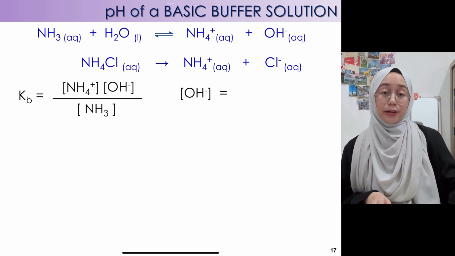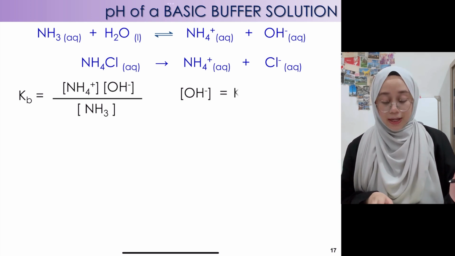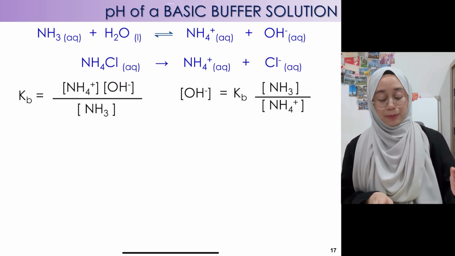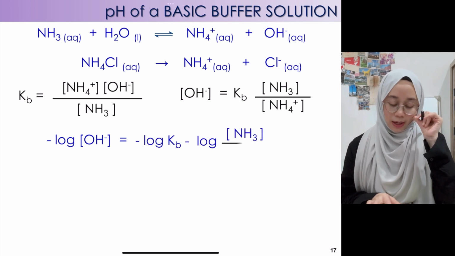So kalau kita rearrange balik in terms of concentration of OH minus, therefore kita akan dapat this particular equation here. Okay, jadi bila kita logkan both side, so this is what we get class.